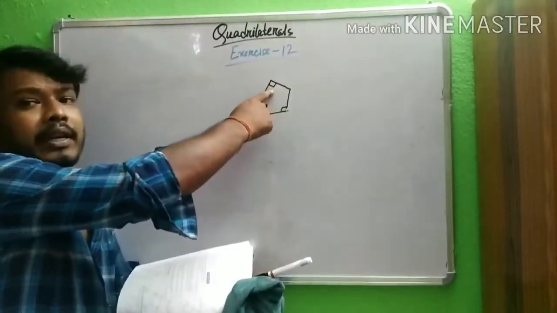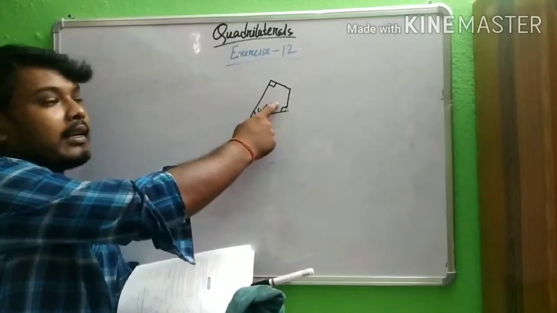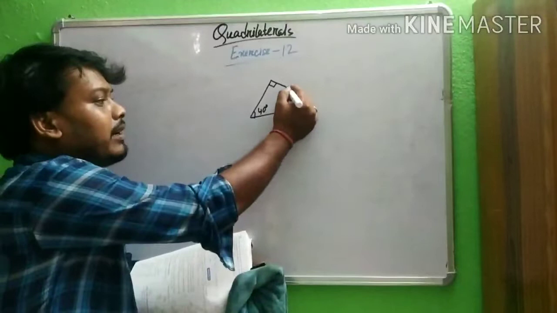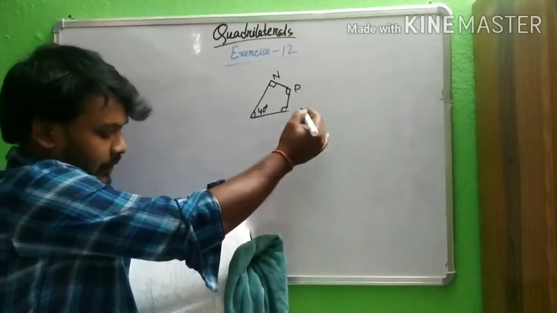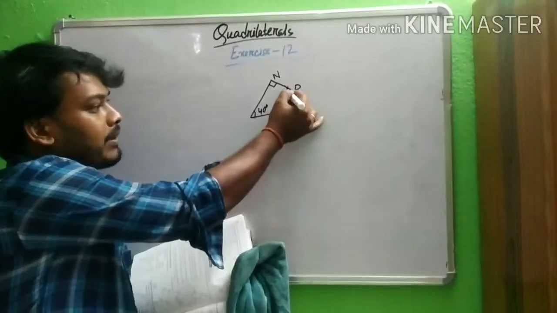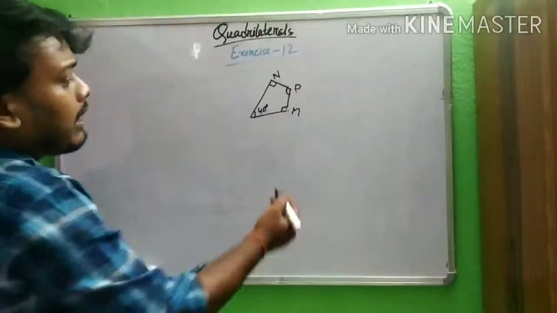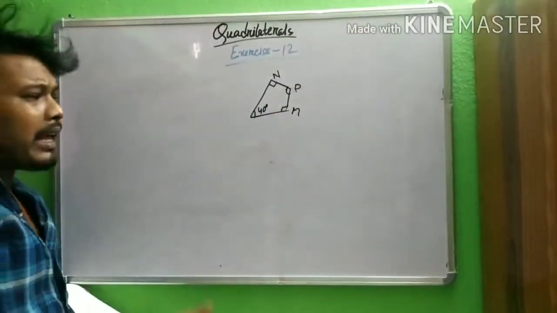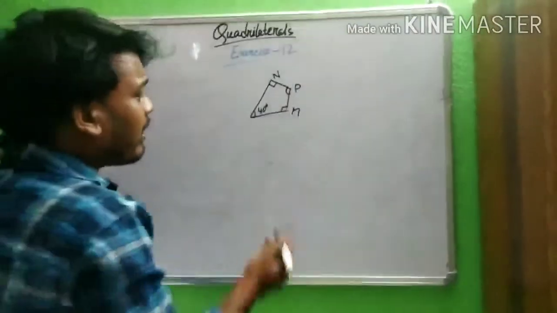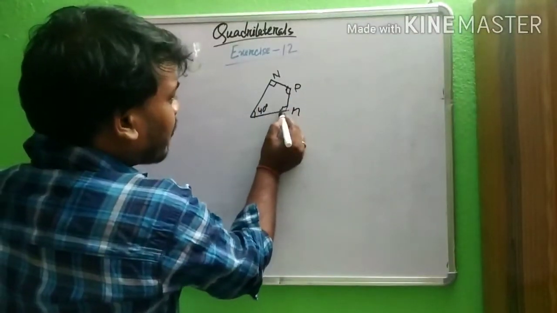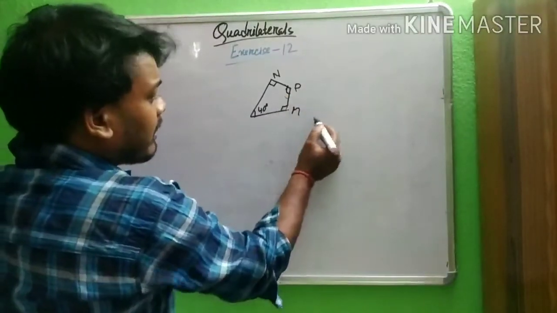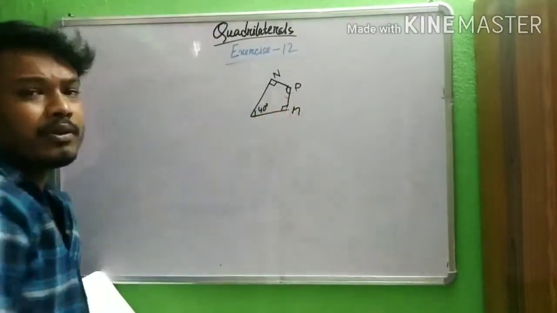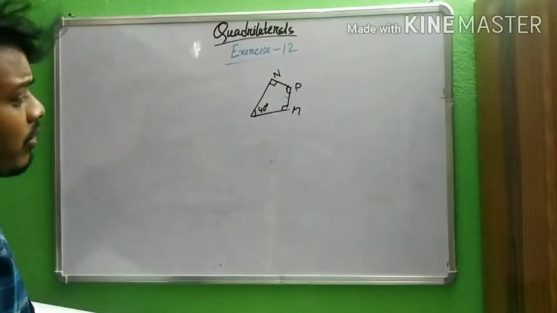That means the value of this angle is 90 degrees, and this angle is also 90 degrees. Now find the value of angle MNP, that means this angle. We use the angle sum property of a quadrilateral. So 90 plus 40 plus 40 plus this angle equal to 360. So this angle equals 360 minus the sum of these values. Very easy, so no need to solve this one also.